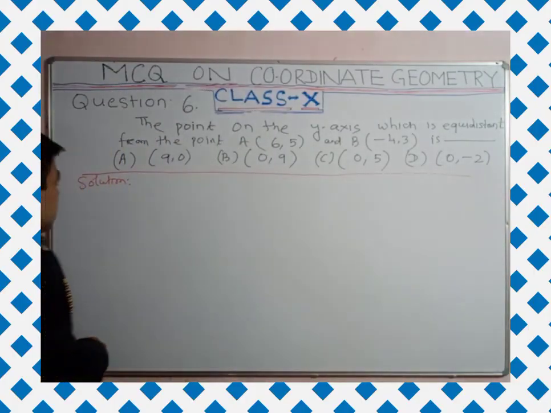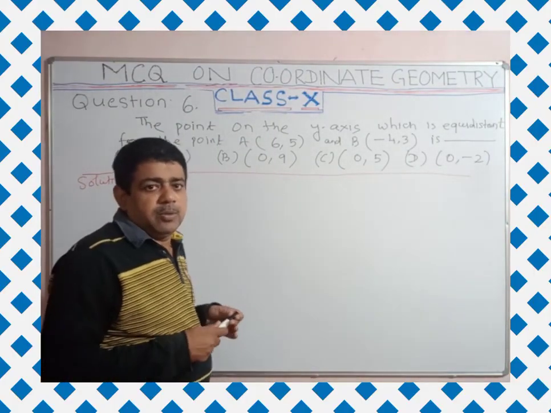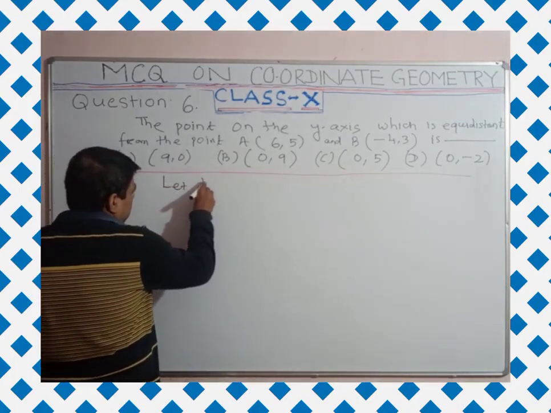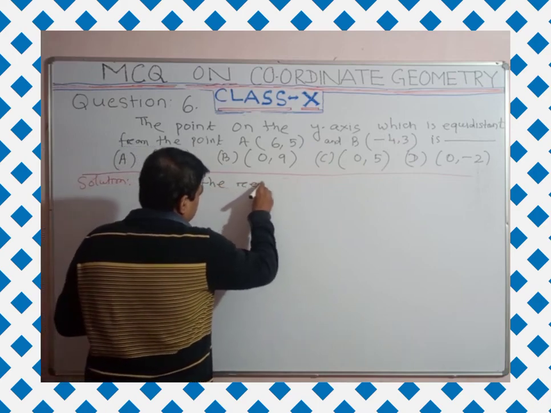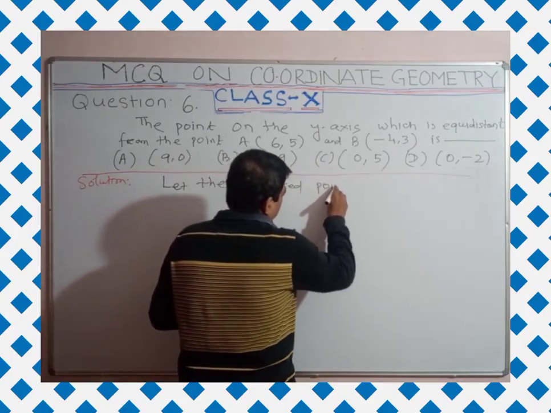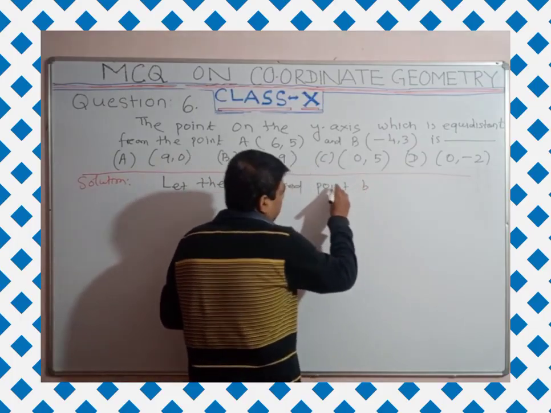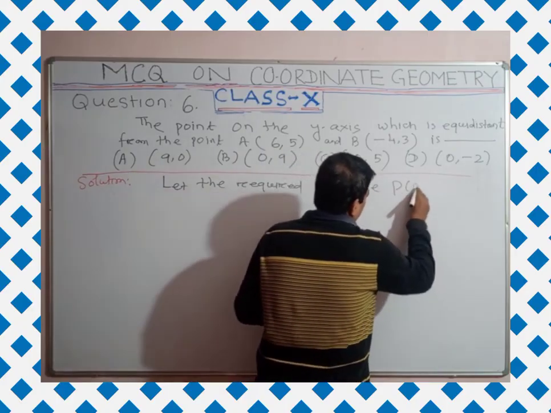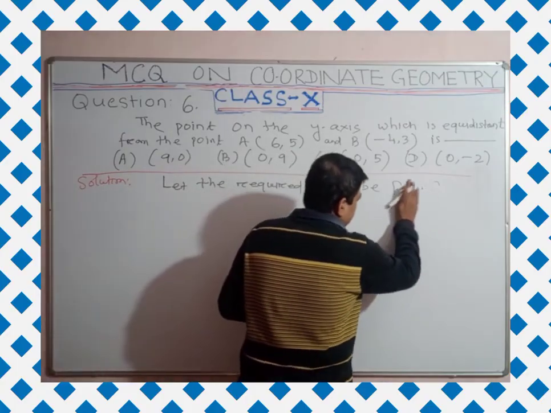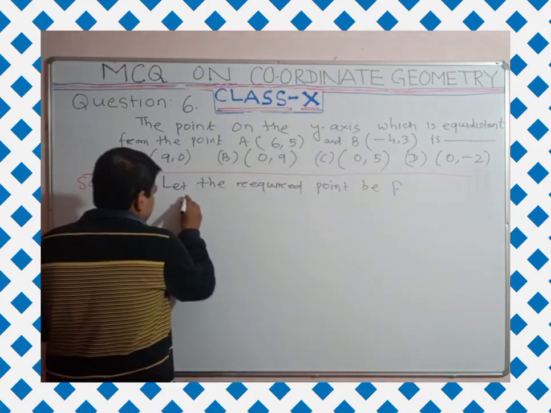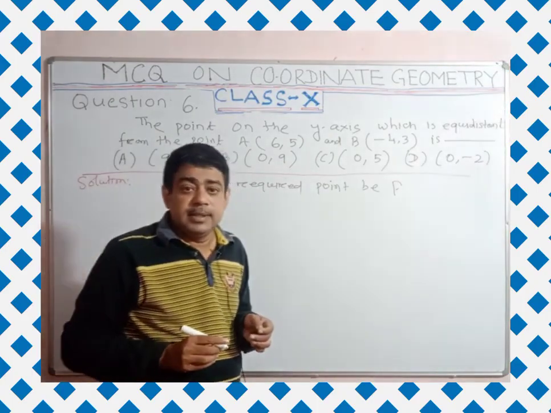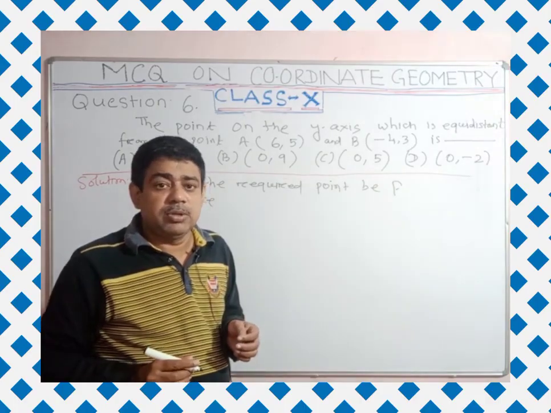Understand? Here the required point lies on the y-axis. So let the required point be P with coordinates (x, y). You know any point that lies on the y-axis has its x coordinate always 0. Yes or no?